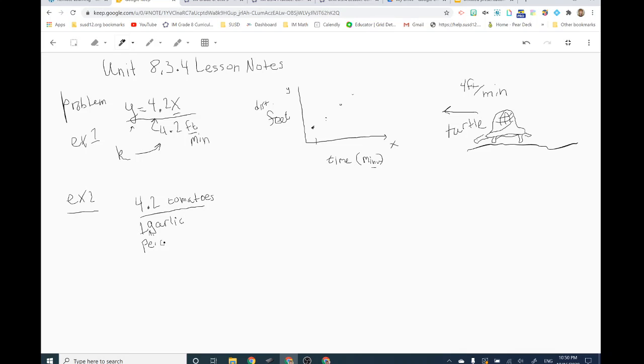That little piece. If you break it apart, you get pieces of garlic. So then the equation for the spaghetti sauce recipe is y equals 4.2 times x, where y equals tomatoes and x equals pieces of garlic.